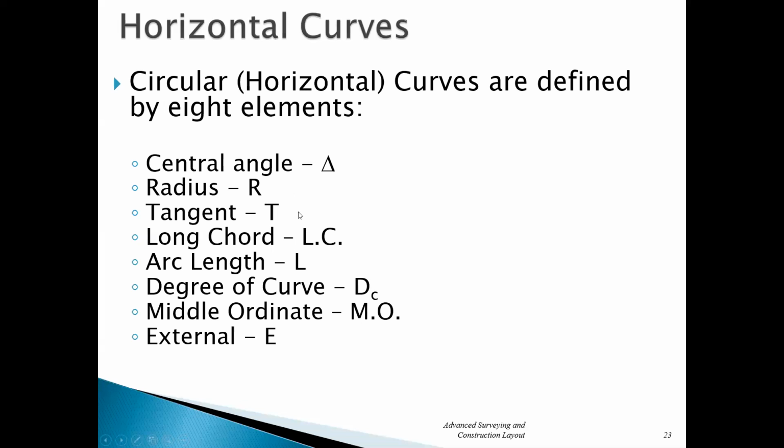Then we have tangent, which is T, LC long chord, length of arc L. Then they have degree of curve, middle ordinate, and E, which is referred to as your external secant. I just want to look at this real quick.